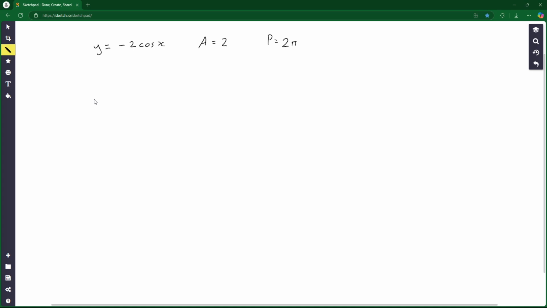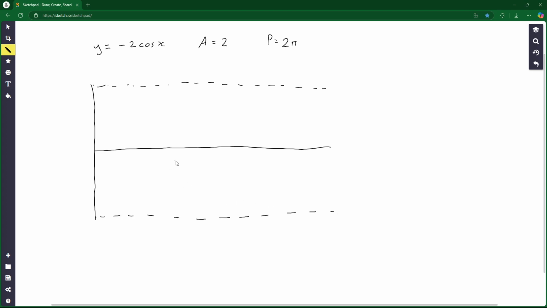So we are going to draw our graph. Dotted line on the top, and then another dotted line on the bottom. 2 pi, pi, pi over 2, 3 pi over 2. This is going to be 2. This is going to be -2. This is our 0. And then for now, we will go ahead and draw our chart.